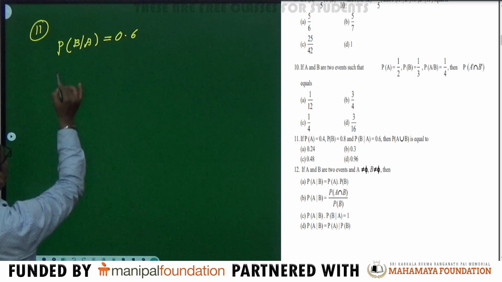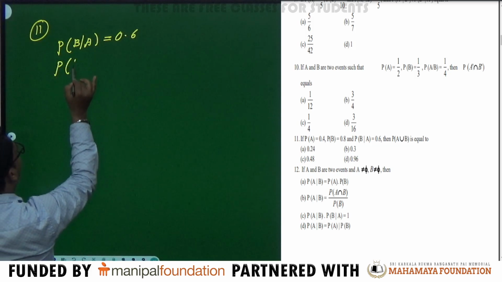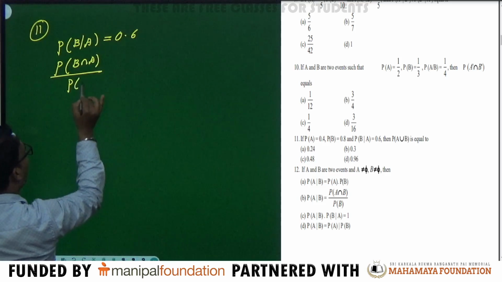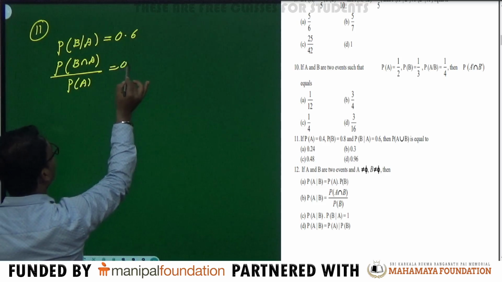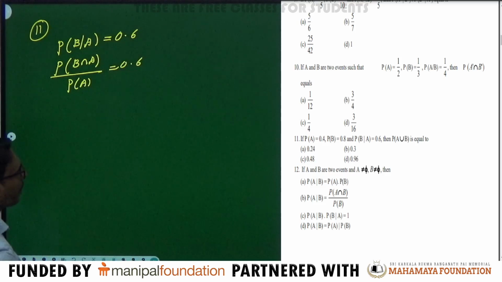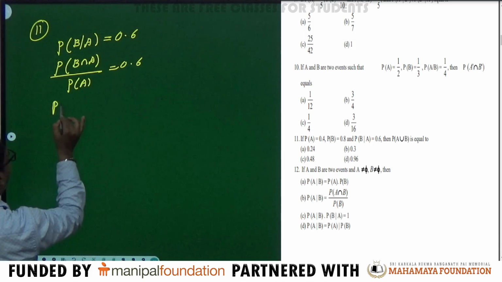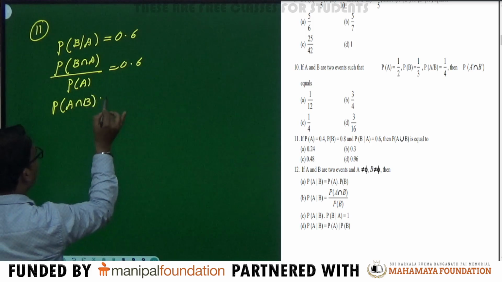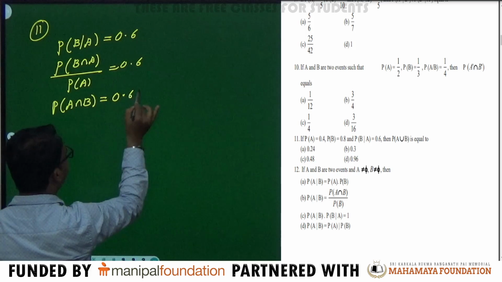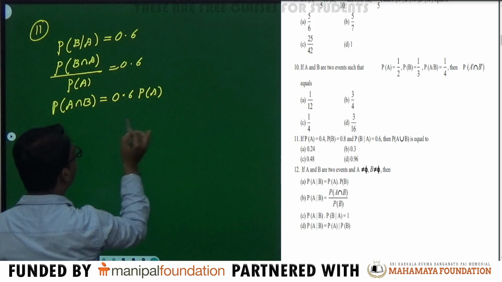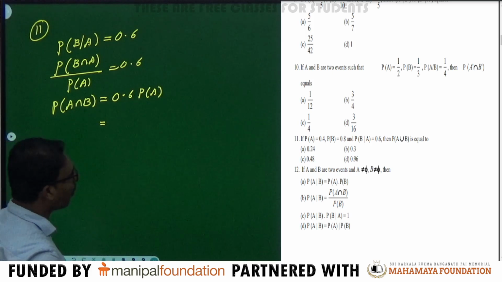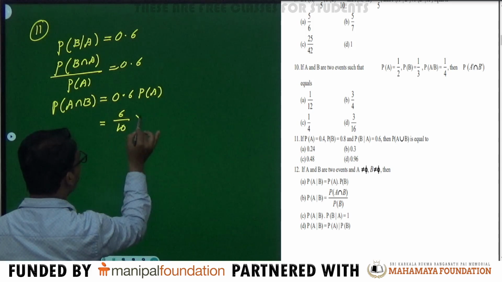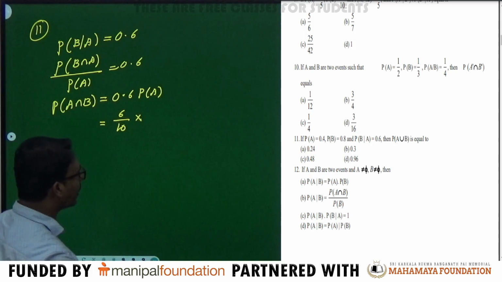The formula is probability of B intersection A upon probability of A. It is equal to 0.6. That is probability of A intersection B, because intersection is commutative, equals 0.6 into probability of A. We can write 0.6 as 6 by 10 into the given P of A value is 0.4.